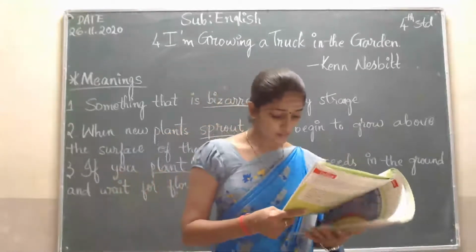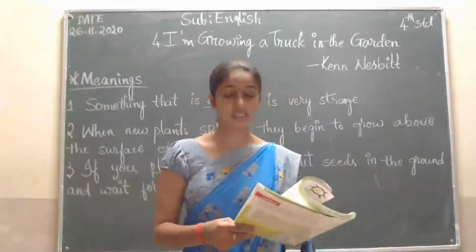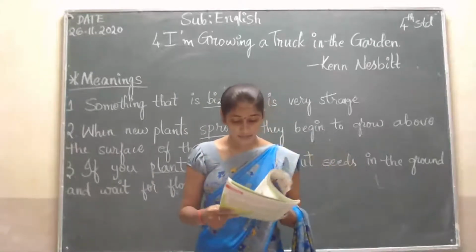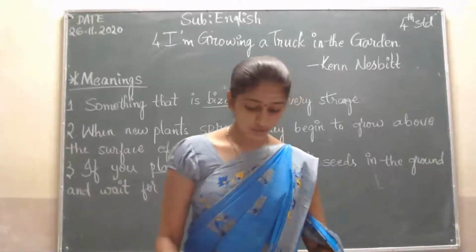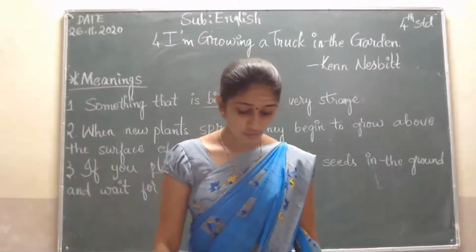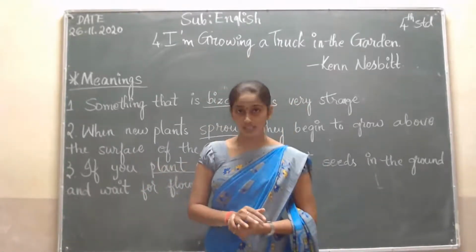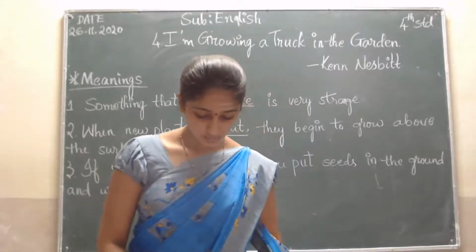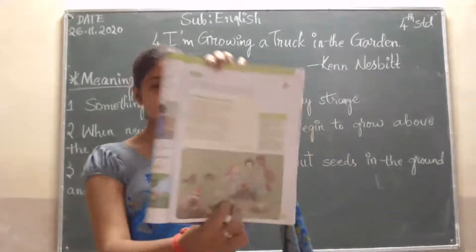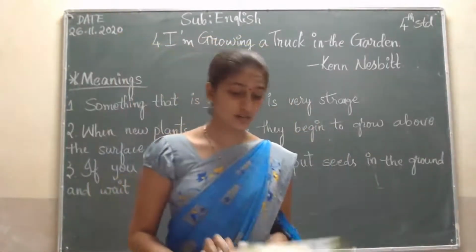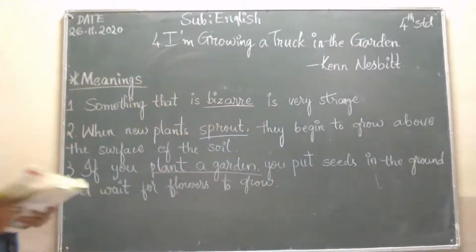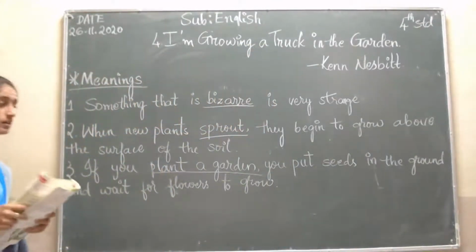When his mother told him, "Let's plant a garden," he did not have any seeds of any plant, so he decided to plant his toys. Is there any use if he plants his toys? No, right? He did it just for fun. So this is the poem "I am growing a truck in the garden."